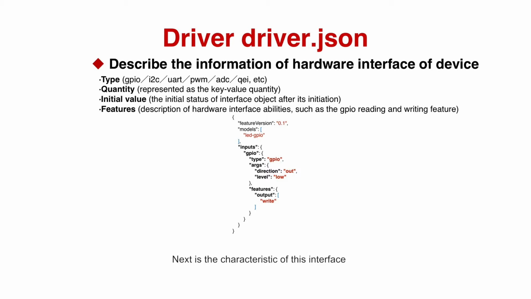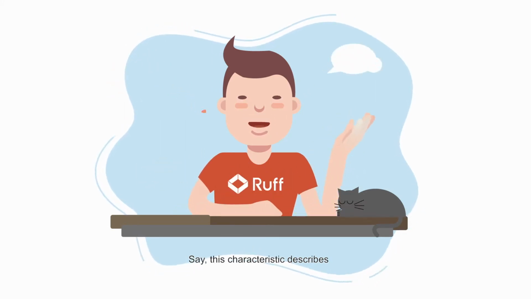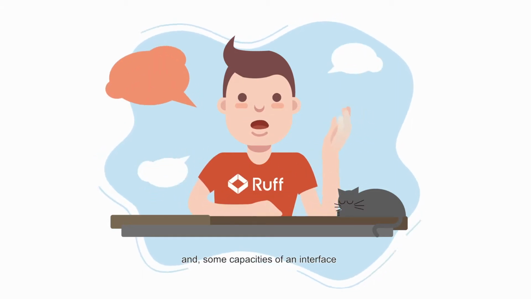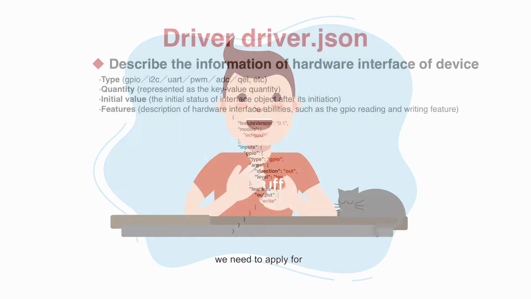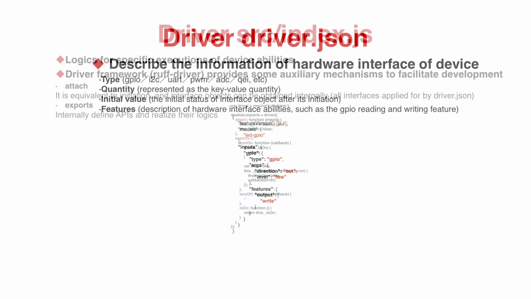Next is the characteristic of this interface, and this is a new feature of our new rap version. Say, this characteristic describes an ability of the hardware interface and some capacities of an interface we need to apply for. And when we apply for a GPIO interface, do we need the reading or writing capacity of this GPIO? We may fill them in the field of features.